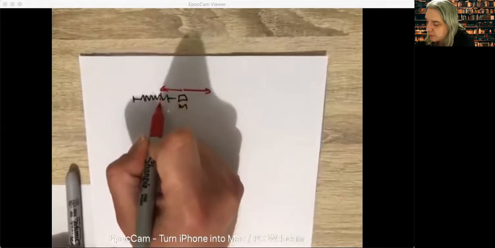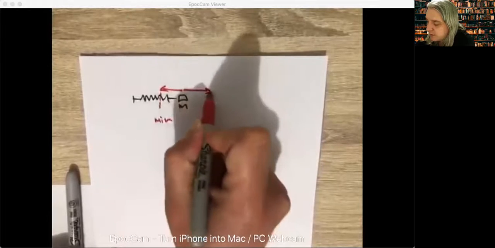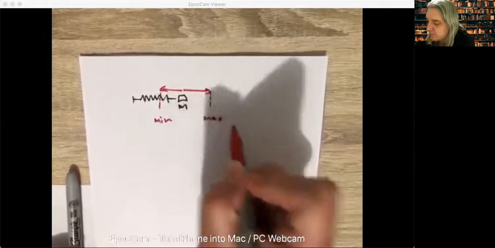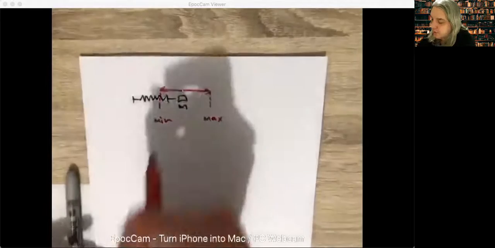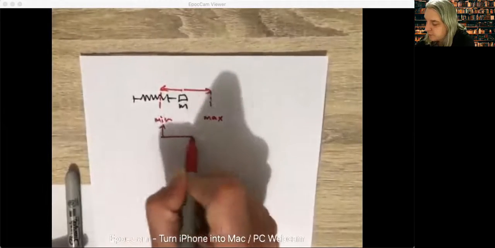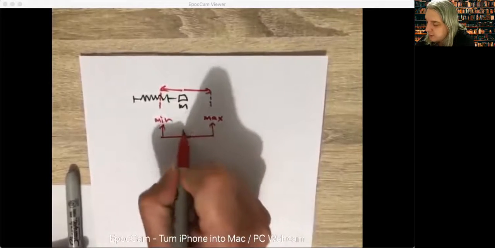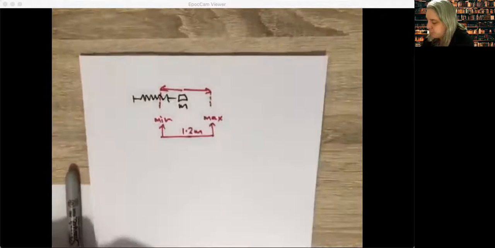It might go minimum position here, maximum position here, and we're told that the distance from this maximum to this minimum is 1.2 meters.